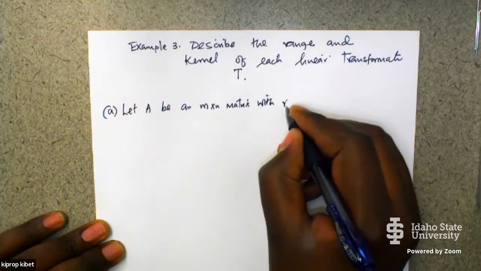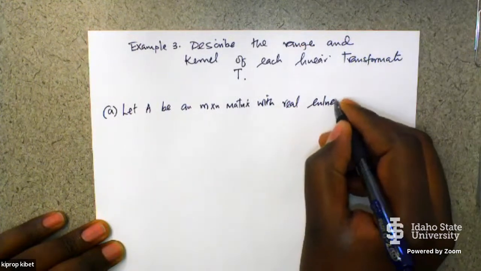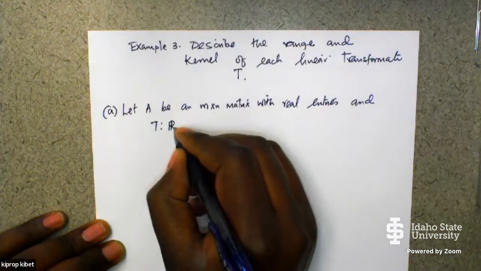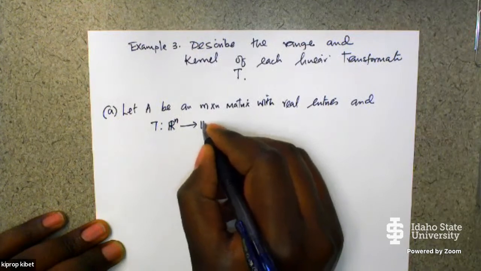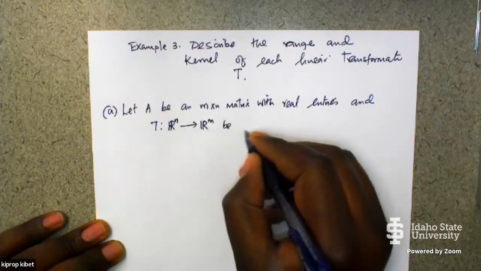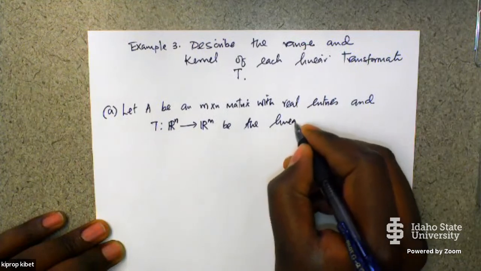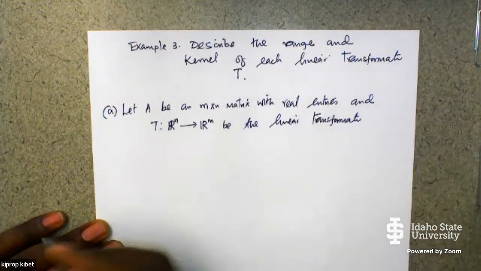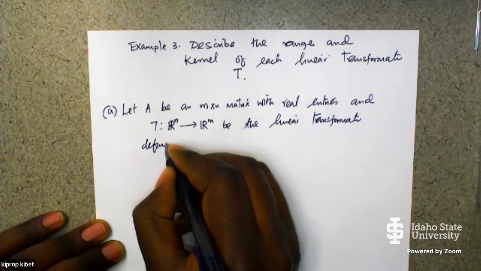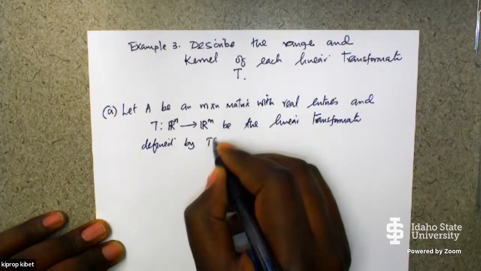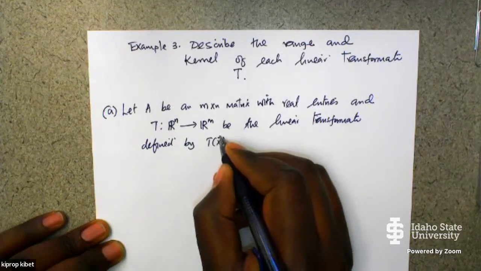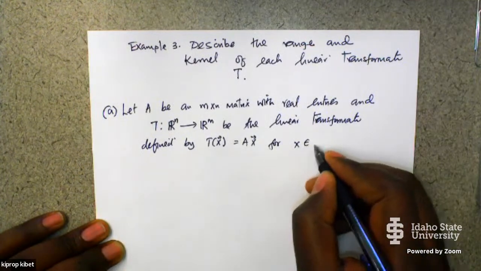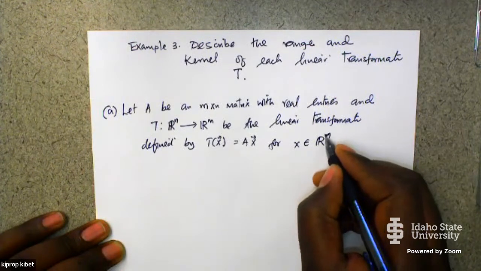with real entries, and the transformation from Rn to Rm be the linear transformation defined by T of x equals Ax for x an element of Rn.